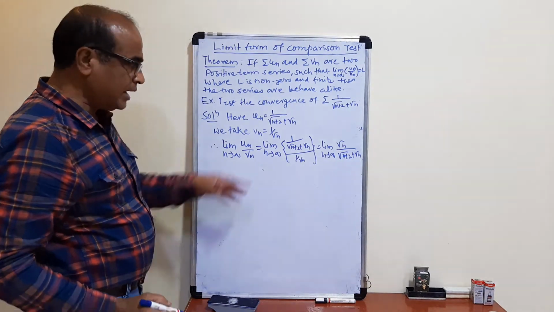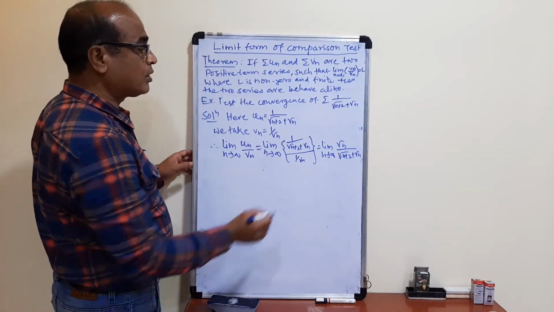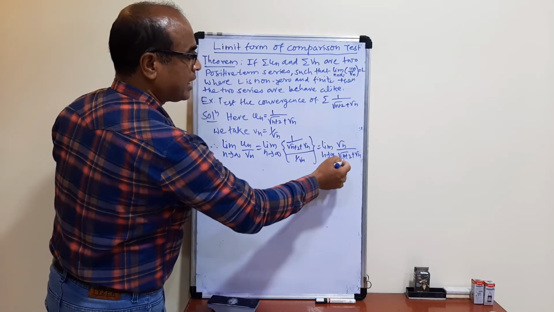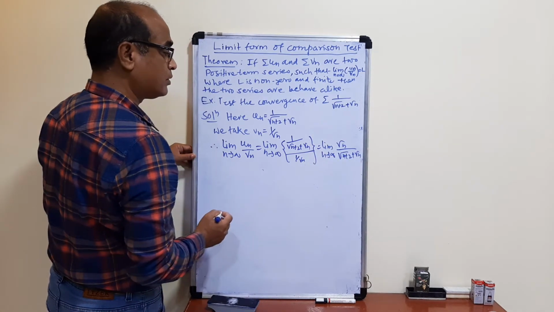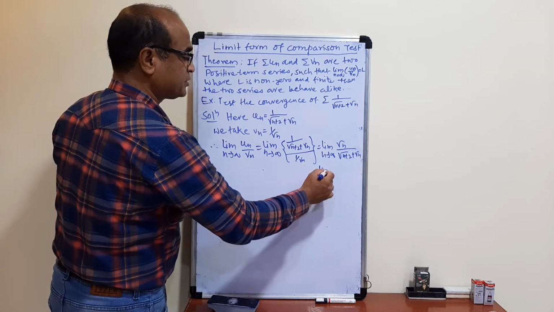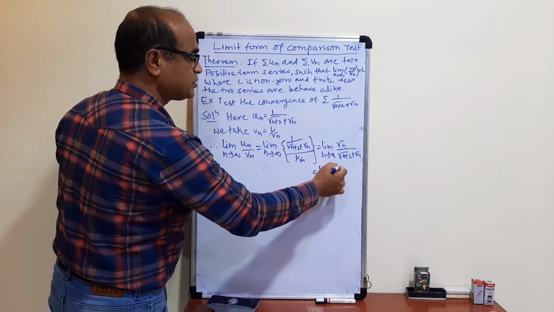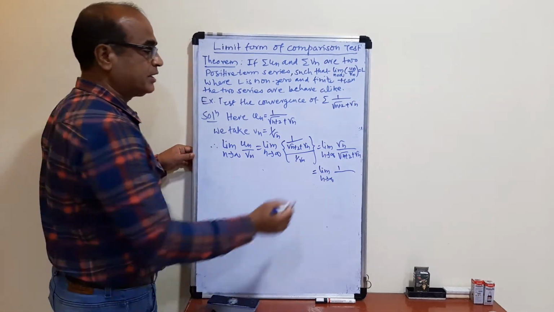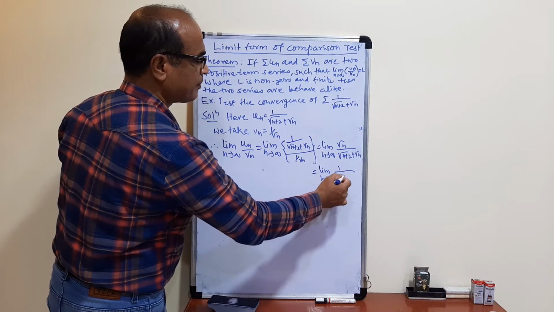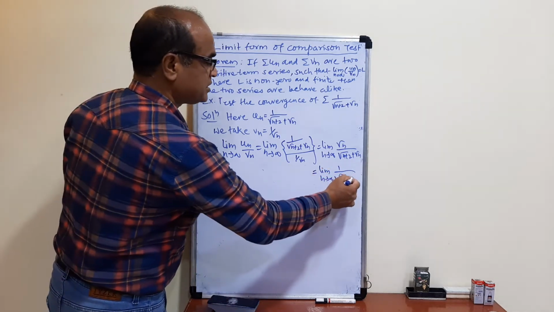Dividing the numerator and denominator by root n, the limit as n tends to infinity becomes 1 upon root of 1 plus 2 upon n, plus 1. Dividing by root n, the n gets cancelled.